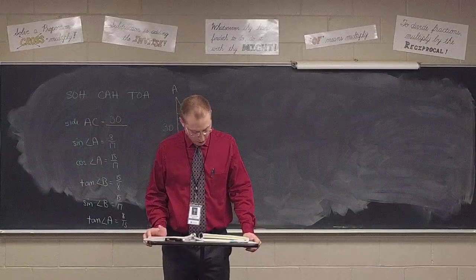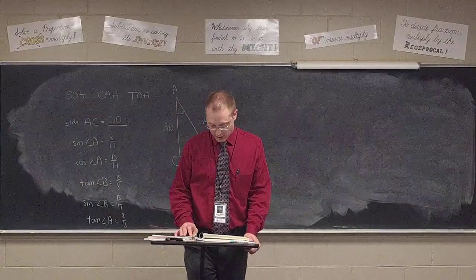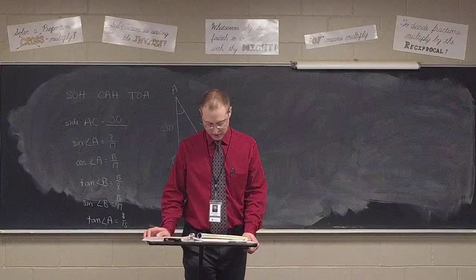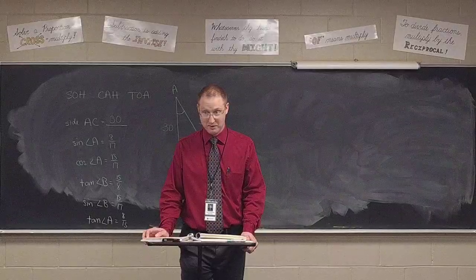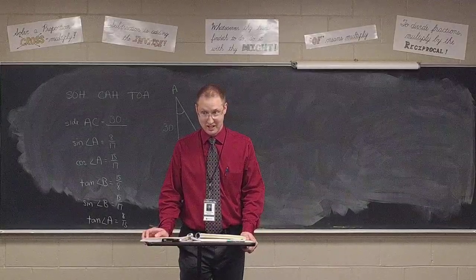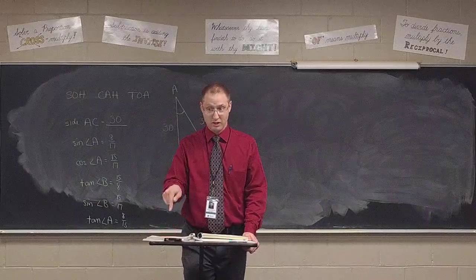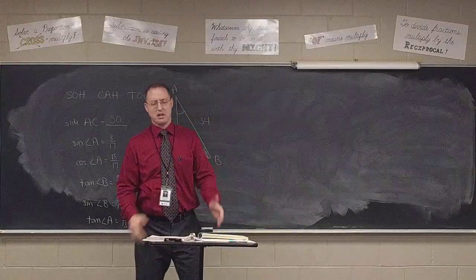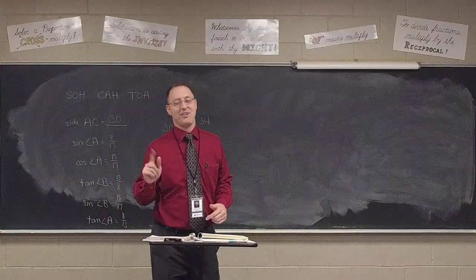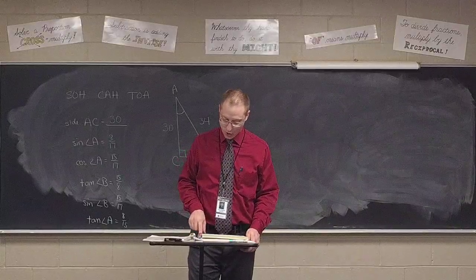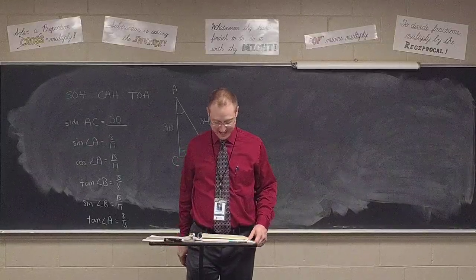Number 7, what states that the square of the hypotenuse of a right triangle is equal to the sum of the squares of its legs? The Pythagorean. How do you spell Pythagorean? P-Y-T-H-A-G-O-R-E-A-N, Pythagorean.